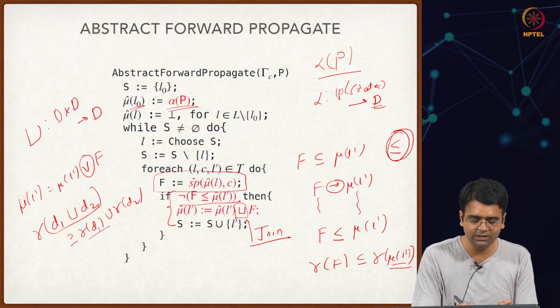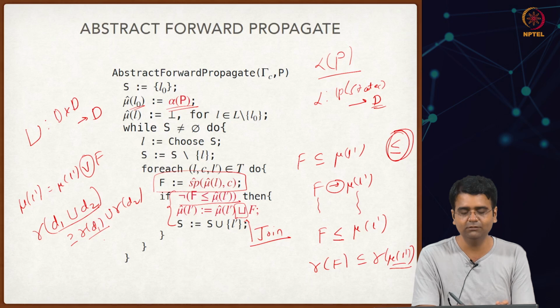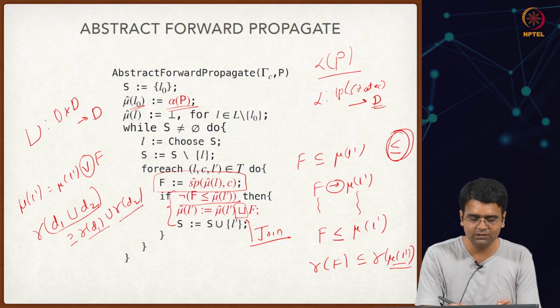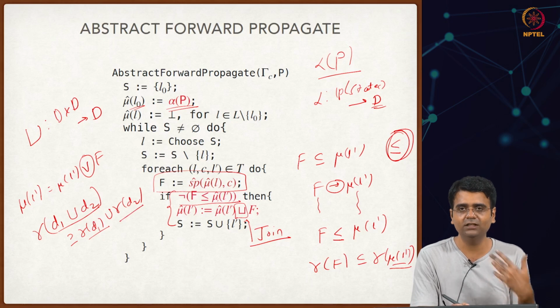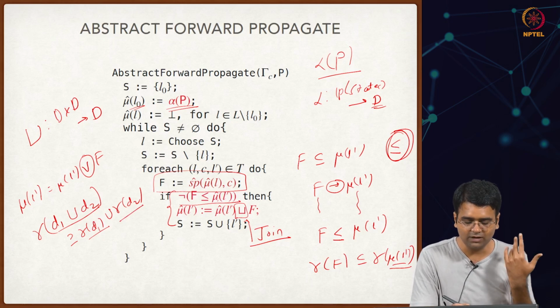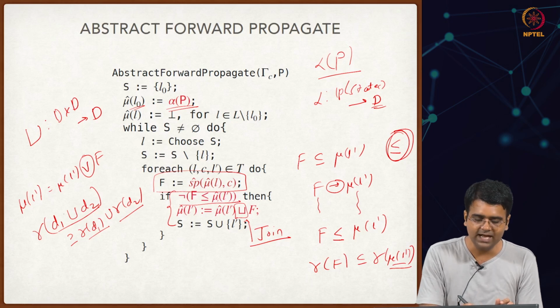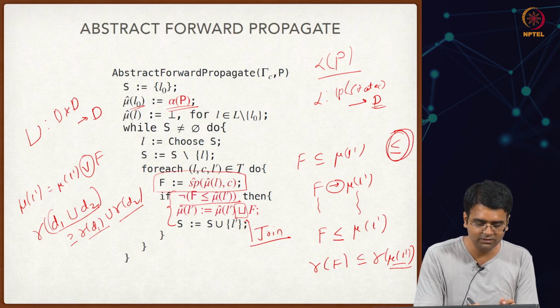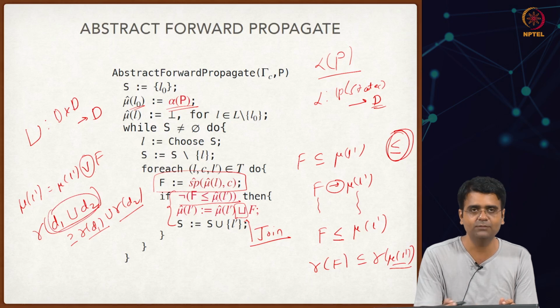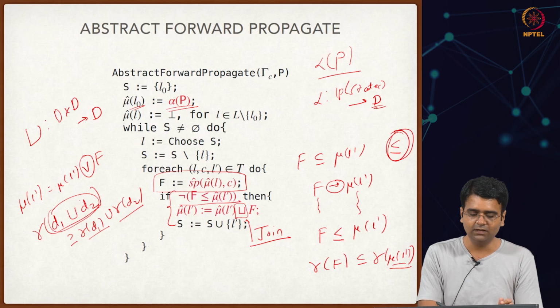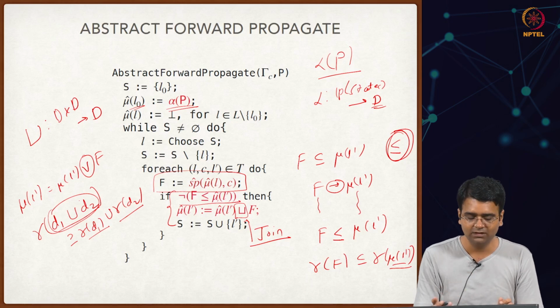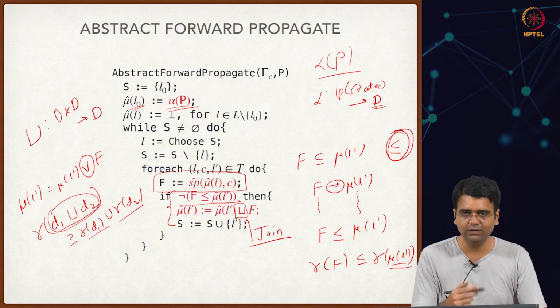Gamma of d1 are the program states which are abstracted out by d1, gamma of d2 are the program states which are abstracted out by d2. I want to abstract out their union, so I compute the join, d1 join d2, and this element must over approximate the set of concrete program states abstracted out by d1 and d2.